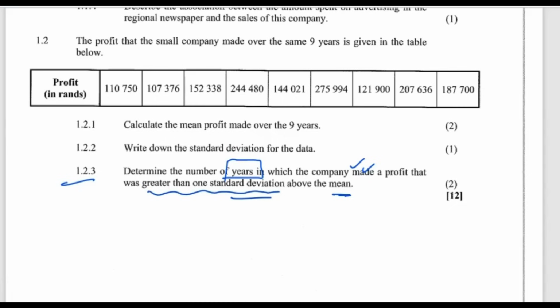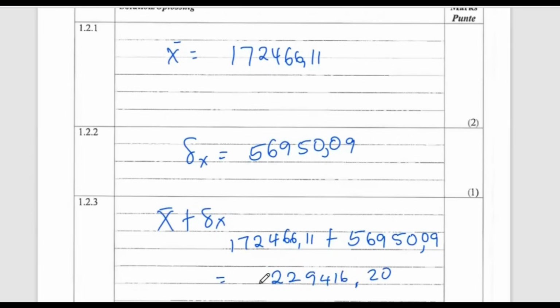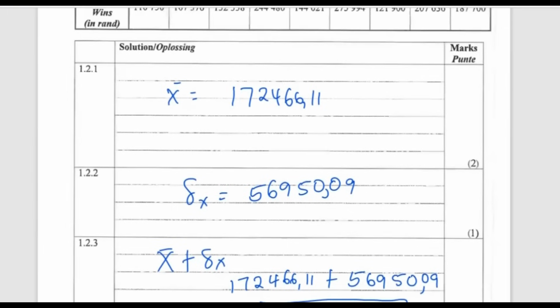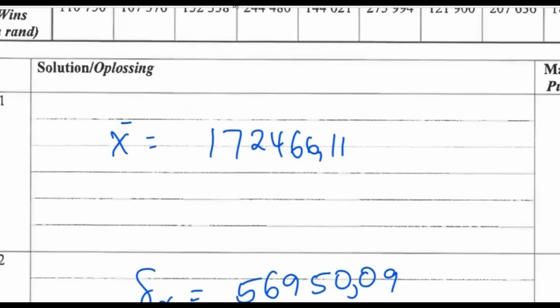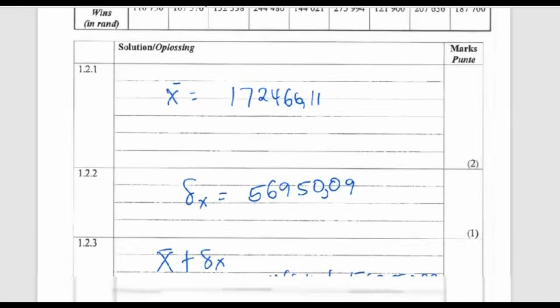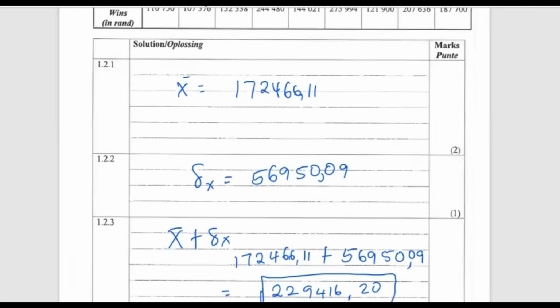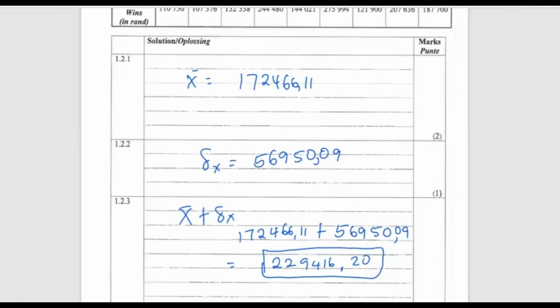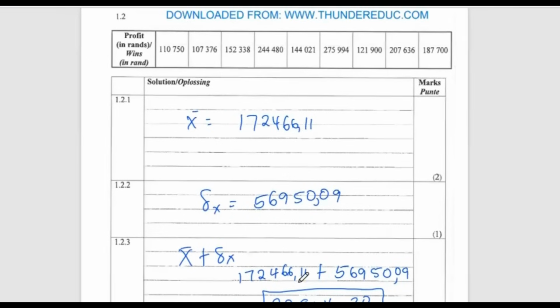Now the question is asking us, how many years did the company make profit that was greater than what we have? In other words, in how many years do we have profit that is greater than this? So go back to the data. I need to look for amounts that are slightly bigger than 229.